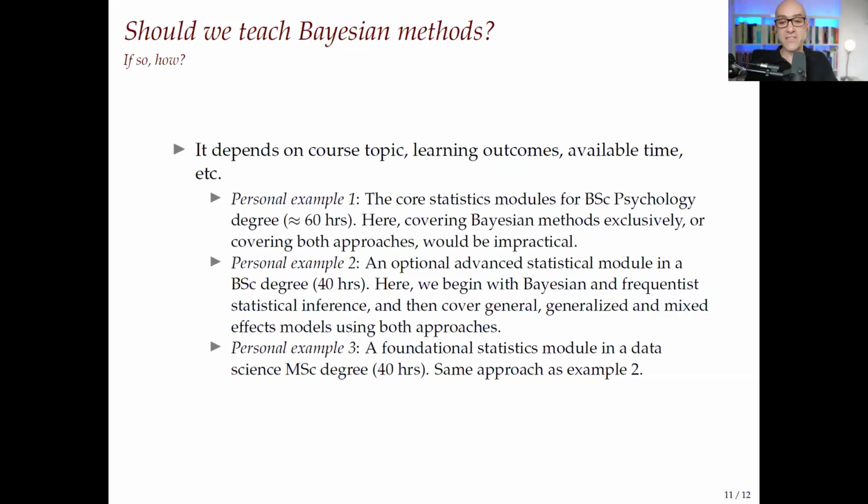And then there's a non-optional module on a data science focused MSc, again with a similar approach, and this works very well. You start by explaining statistical inference both ways, the frequentist and the Bayesian way.